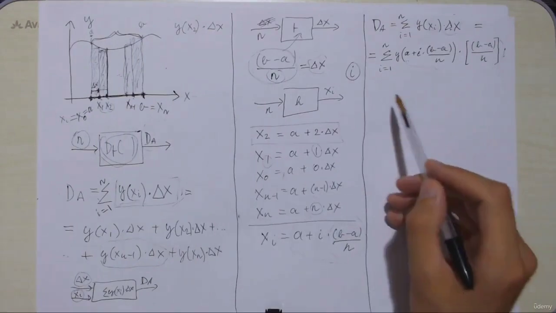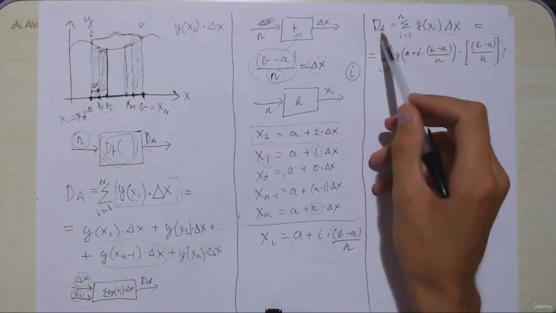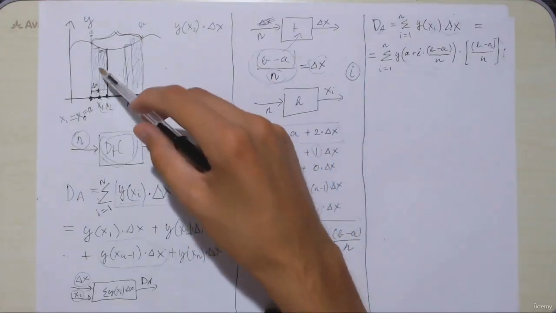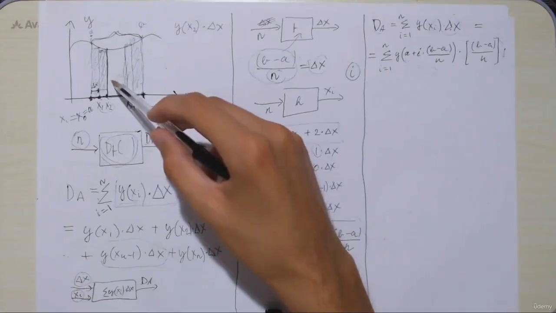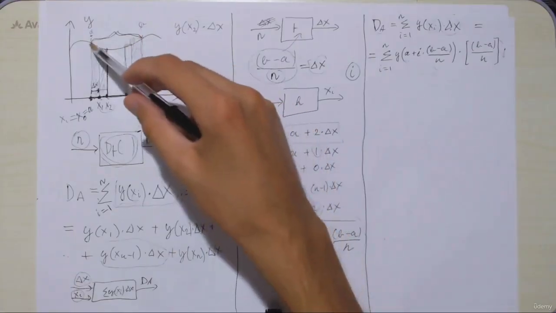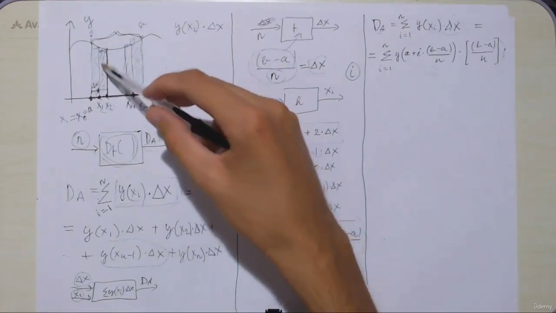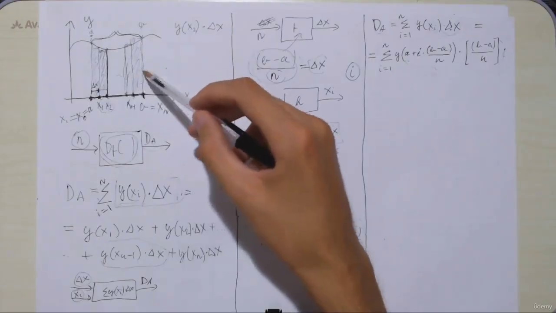And so this expression here is our discrete area. So we get all these small rectangles, and when we discretely sum them up, we get an approximate area under the curve. But it's an approximate area with errors because we're doing it discretely.